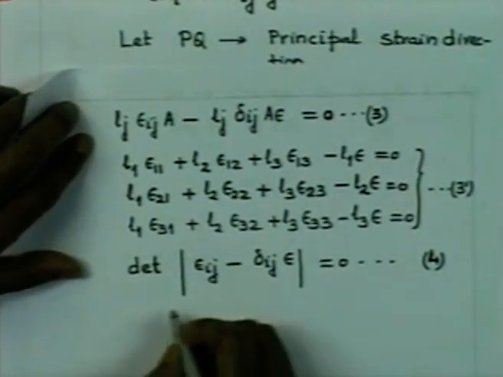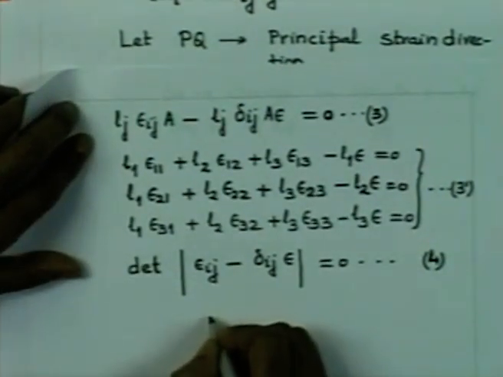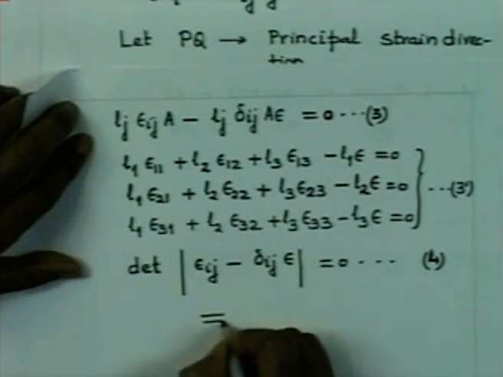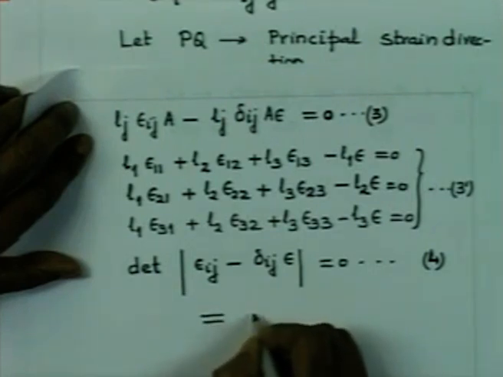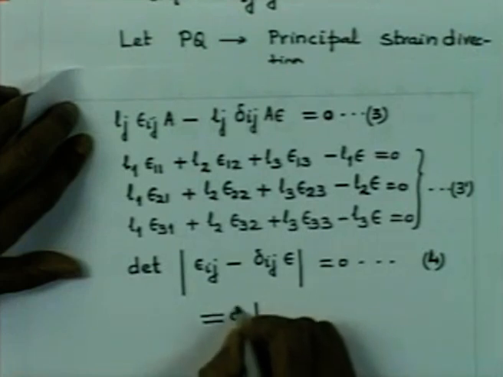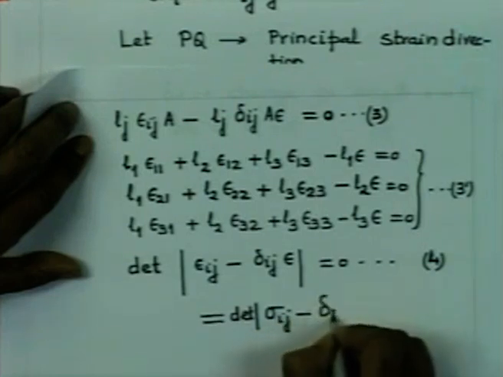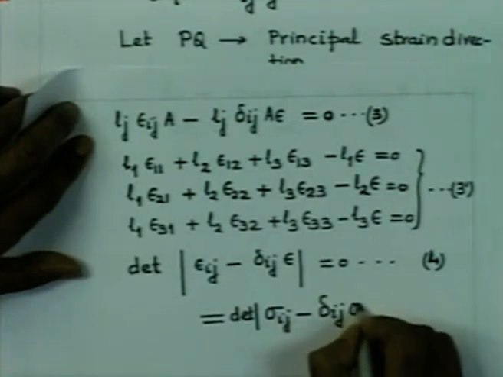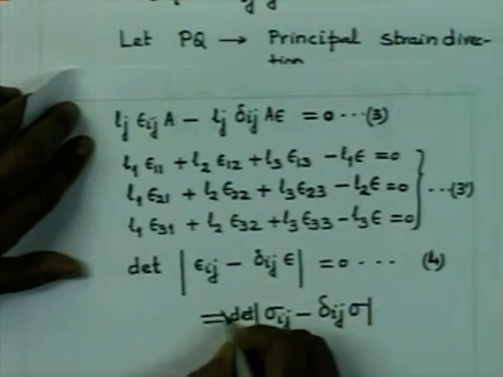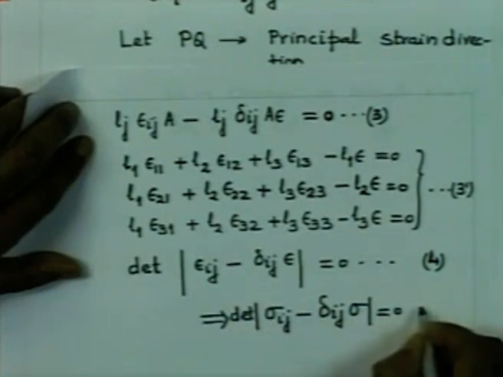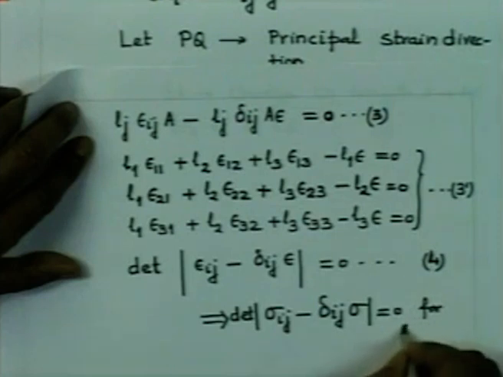It is similar to, if you remember, the case of stresses where we had the determinant of sigma ij minus delta ij sigma equal to 0 for principal stresses.